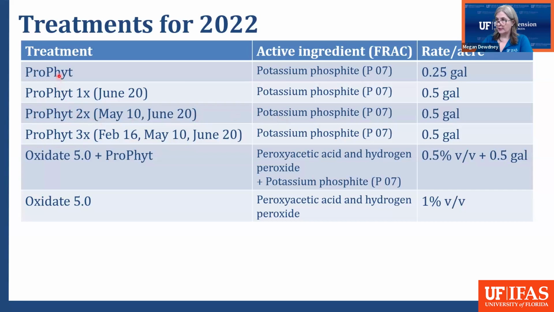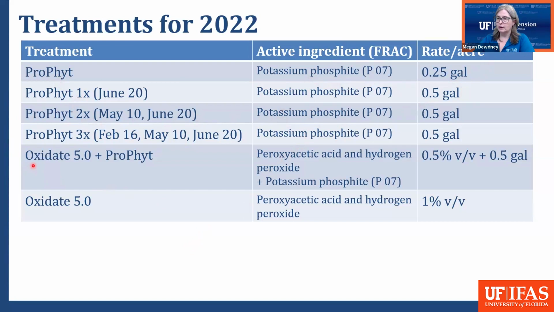Again, we looked at prophyte, looked again at that 0.25 gallon rate, 1, 2, and 3 times with 0.5 gallon of the prophyte. I think any potassium phosphate would be equivalent, as long as it's rated for plant disease control and not fertilizer.